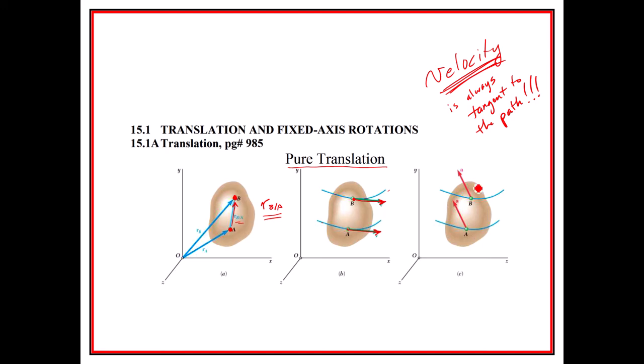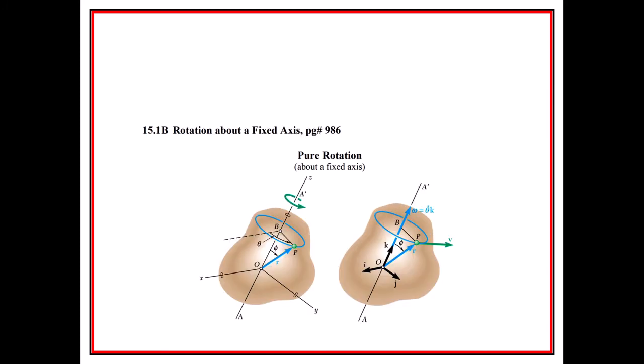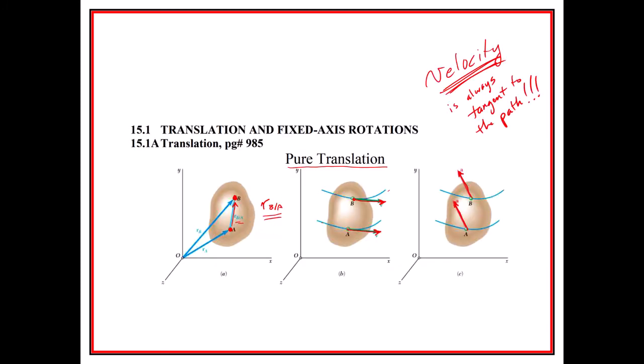When we get to acceleration, we'll see that the accelerations are also parallel to each other, but if there's some curvature to the path, the accelerations are not tangent to the path. They will have a part of them that points towards the center of the curvature. And that was the special case of pure translation.